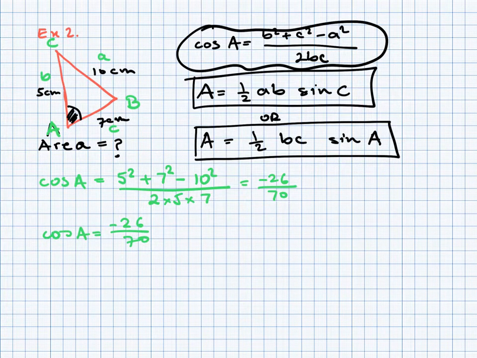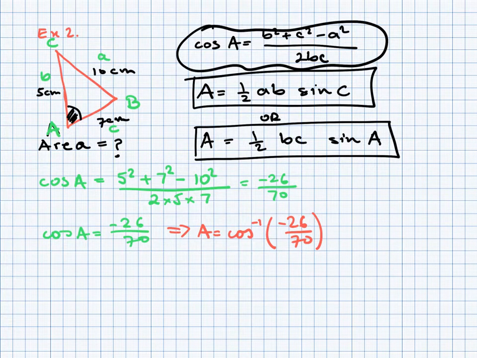Now, I mentioned previously that I'm going to show you how to find the angle from here. So angle A is equal to cosine inverse of negative 26 over 70. What I usually do here is not simplify with decimal places or rounding; I use the exact value, because that gives me the best answer for my angle.